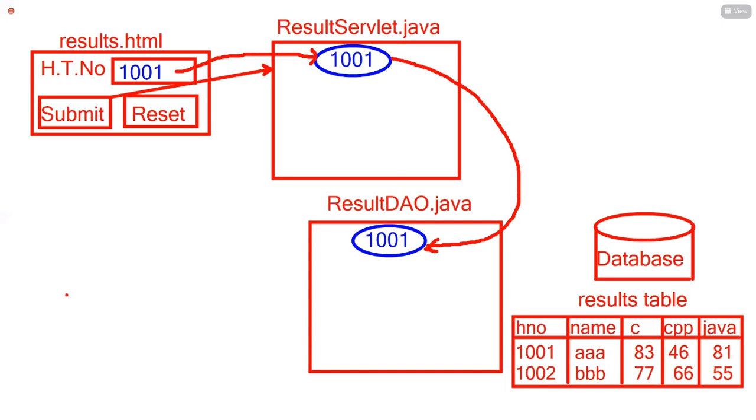Now what will happen here? This hall ticket number we have to send to the database, no? It is passed to the database to check. It will check whether the given hall ticket number is there or not.